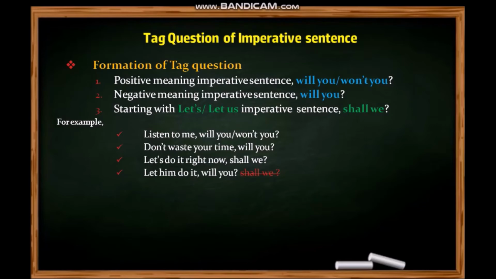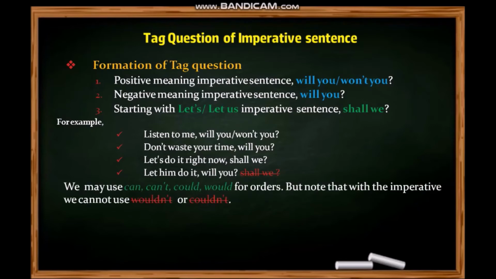Rather, there is let him. So the tag question of let him do it will be will you? Please do remember, we may use can, can't, could, would as the auxiliary verb of the tag question of imperative sentences. But note that with the imperative we cannot use wouldn't or couldn't.